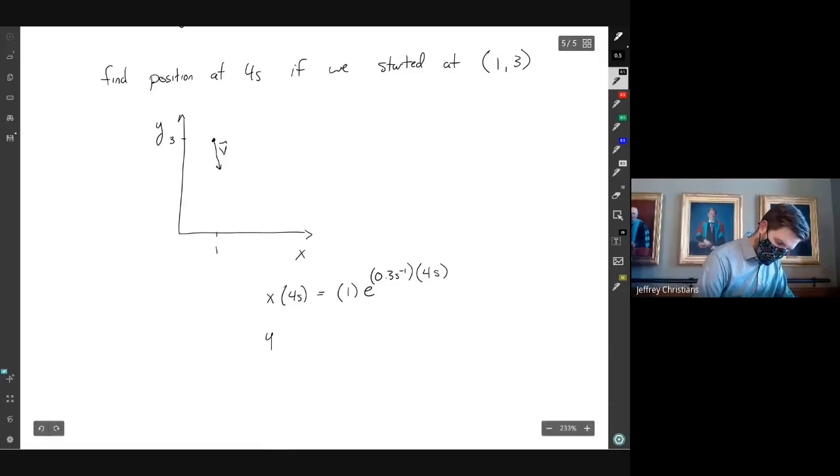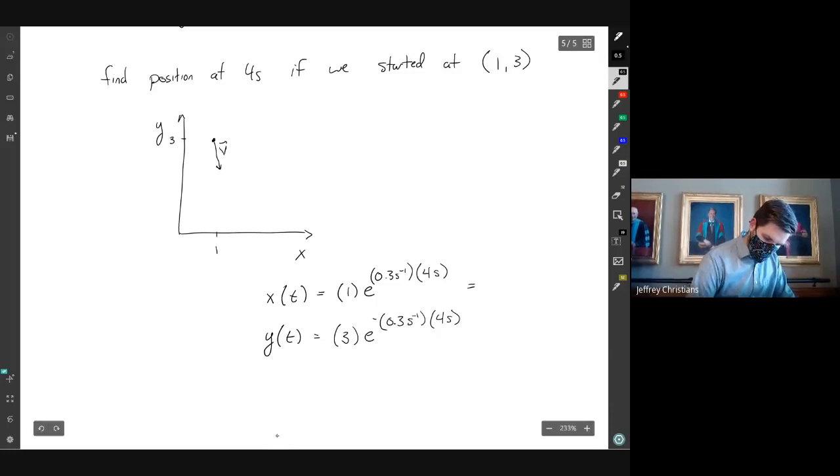And our y, let me write it this way, y of t equals 3 e to the minus 0.3 per second times 4 seconds.